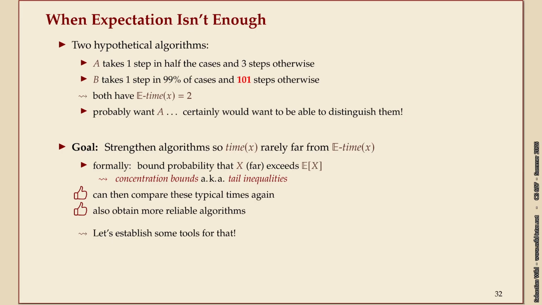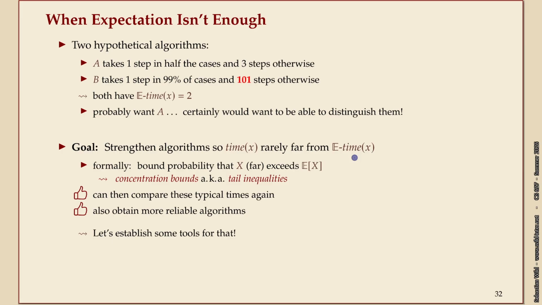So one option is to look more closely, and we'll do that. But the algorithmic solution actually is to try to make an algorithm where this doesn't happen, right? This is a flaw in algorithm B. So we'll try to make it so that the actual time an algorithm takes is rarely far away from its expected value. That has two benefits. We can deal with the expected value and compare single numbers, which makes life easier.